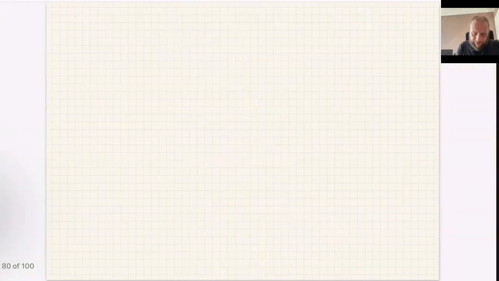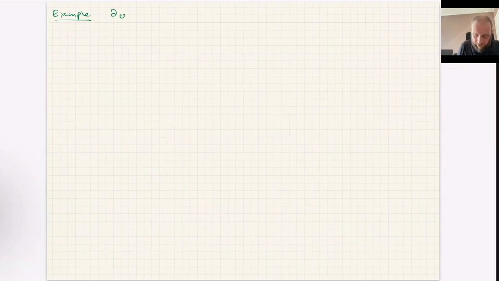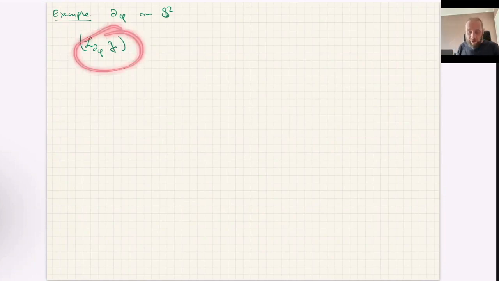So let's take that example just for 2 seconds. So the example d phi on the sphere, we can check that this actually satisfies this condition, right? So if we take the Lie derivative in the d phi direction of the metric, and then I need to show that this derivative in itself is a rank 2 tensor, so I need to check that all of the components are 0.